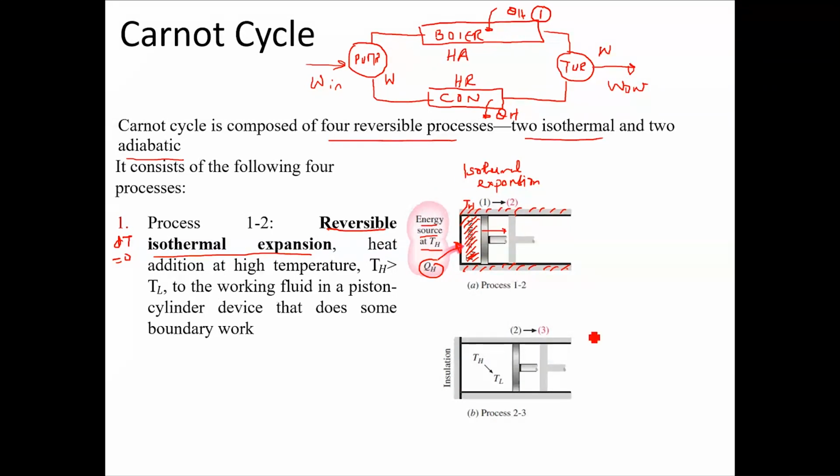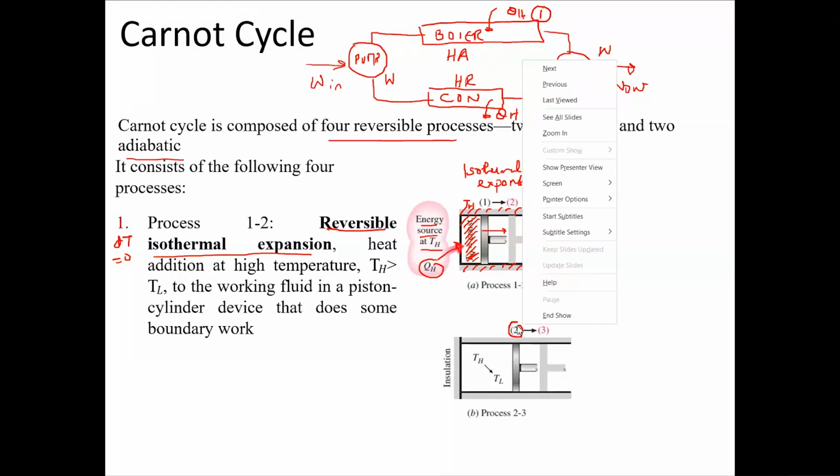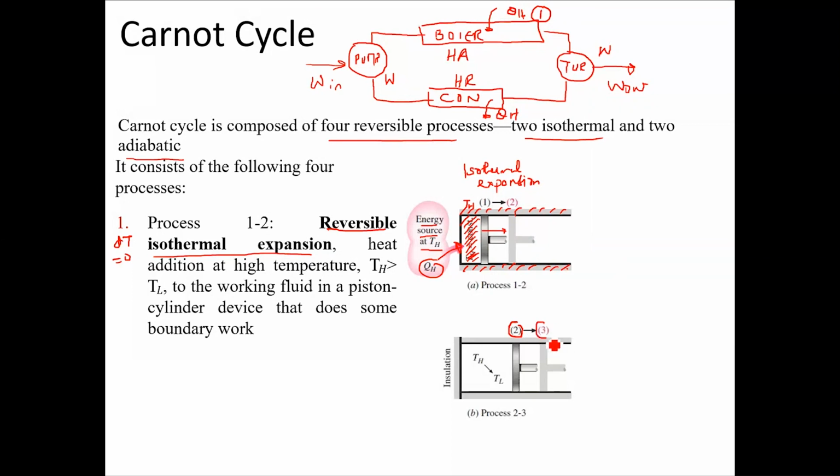All right. Now the system continues. This is the first process where heat addition is taking place. The second process is again the system continues to expand from 2 to 3. The system is continuing to expand, and you have insulated this side also. You have removed the reservoir and you have insulated this.